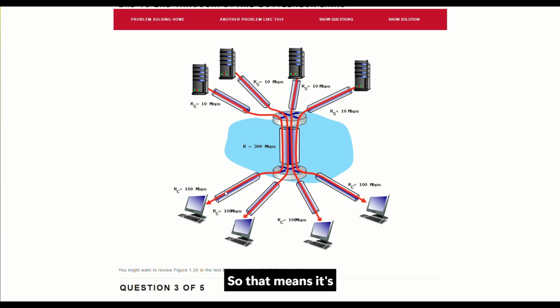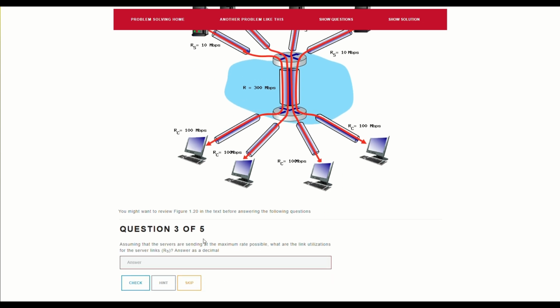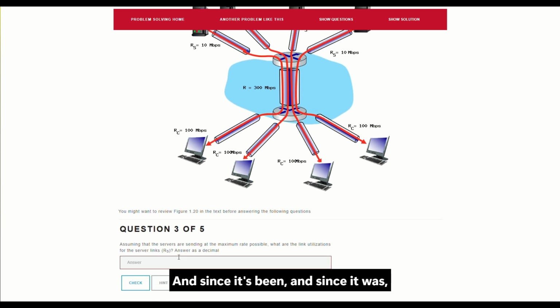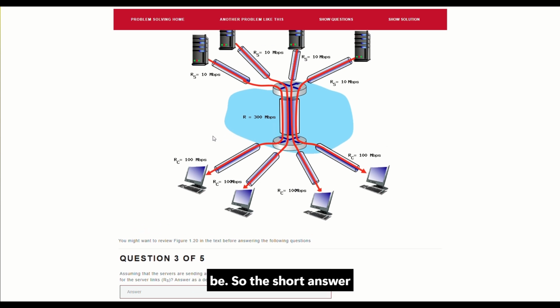So that means it's 100 divided by 10. And since it wants the answer as a decimal, it's sort of like a percentage, right? So the short answer is that it is 1.